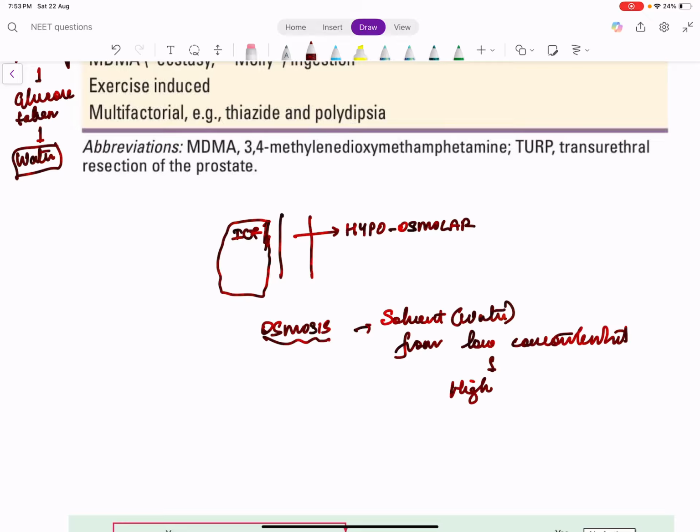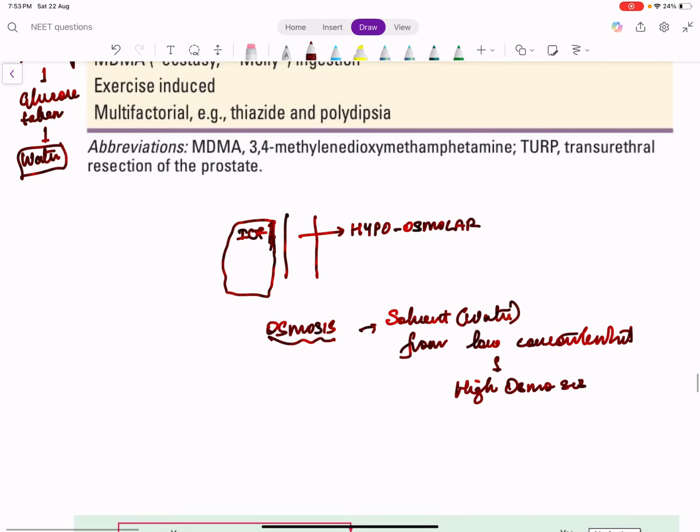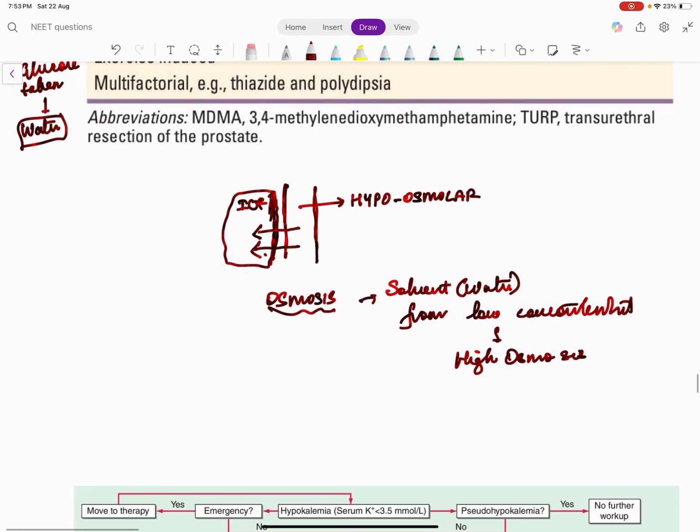This is called osmosis through a semi-permeable membrane. The plasma membrane is a semi-permeable membrane. So when the plasma becomes diluted with this 5% dextrose or 25% dextrose, intravascular volume becomes hypoosmolar. So osmosis happens, that is water moves from intravascular to the intracellular compartment. So the ICF swells, or the cells swell.